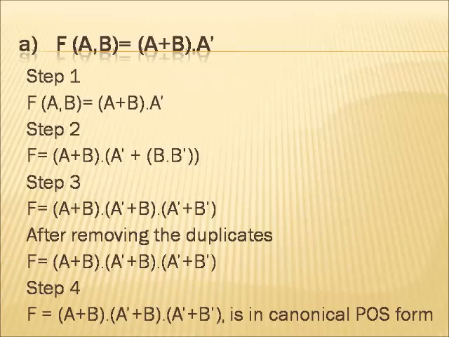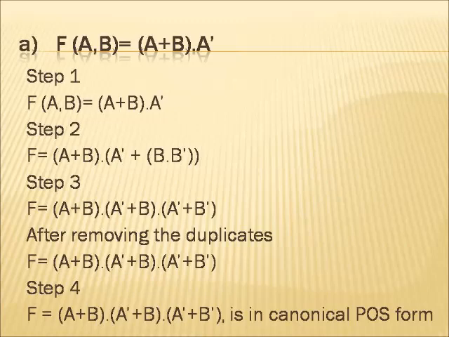And in step 3 we expand the expression. After expansion you can see that f = (a + b)·(a bar + b)·(a bar + b bar). Now we try to remove the duplicates. Here in the given expression we can see that there is no duplicate.